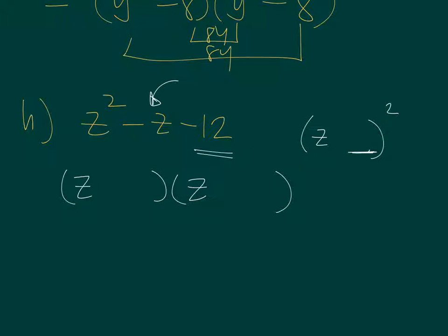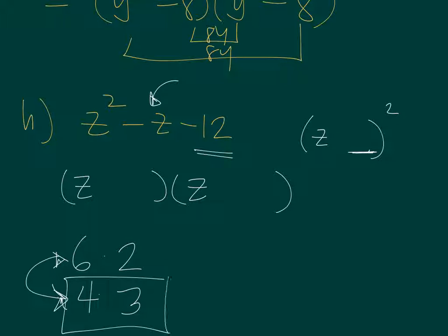Now we have several options. Maybe it's 6 times 2, it's 4 times 3. So from these combinations, only one can have a difference of 1, and that is the combination of 4 and 3.